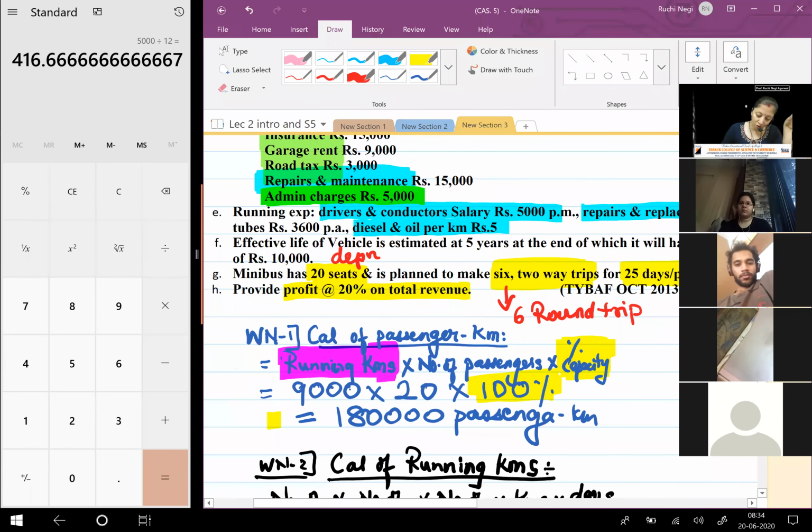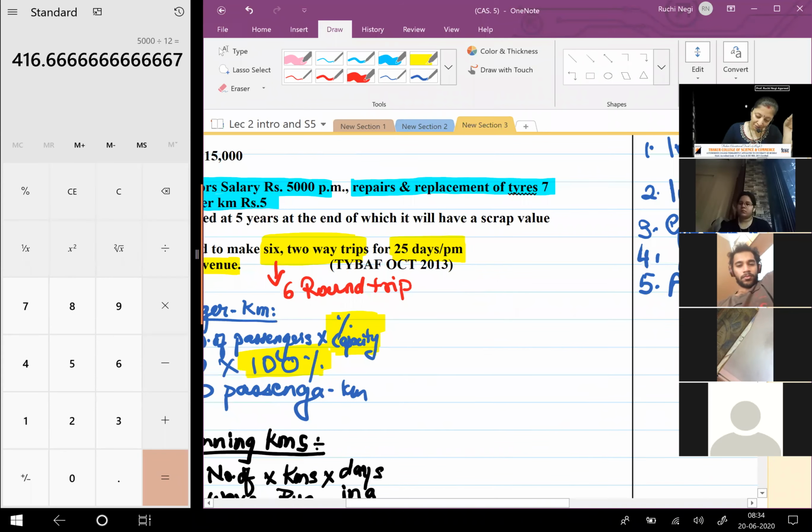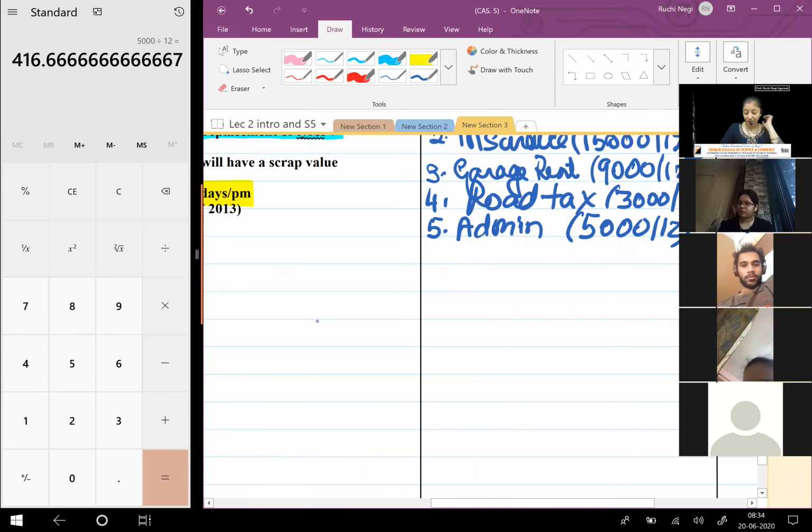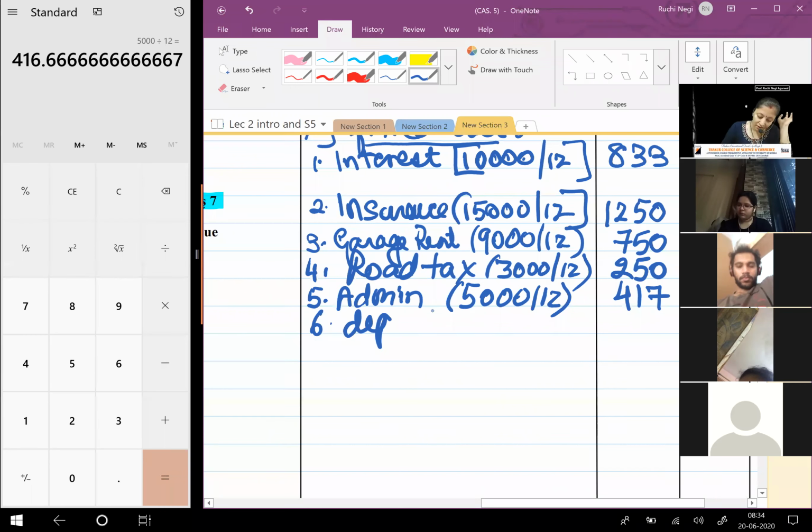Anything else? Yeah. Now comes depreciation, students. The sixth one is depreciation. So let us do a working note for depreciation, working note number 3.